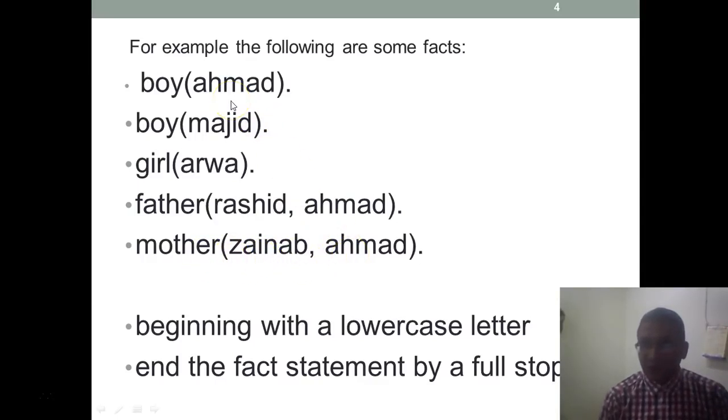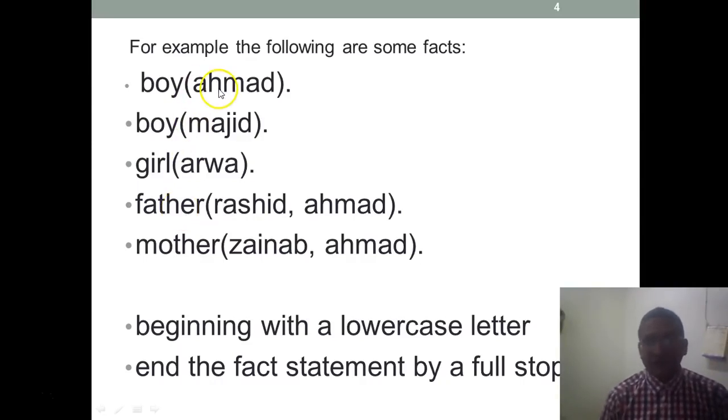In PROLOG terminology, Ahmed, Majid and Arwa are said to be the atoms, boy and girl are said to be the properties, whereas father and mother are the relations. When the properties have two or more parameters, then it is said to be a relation.